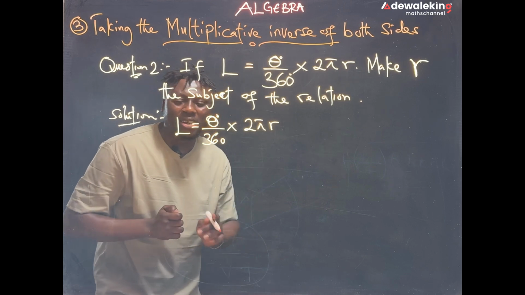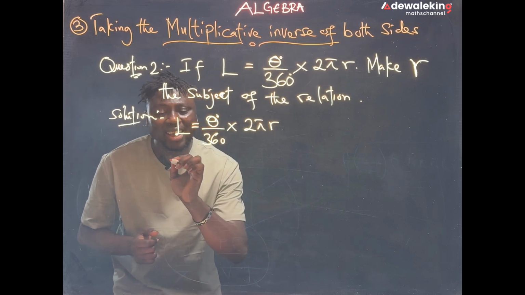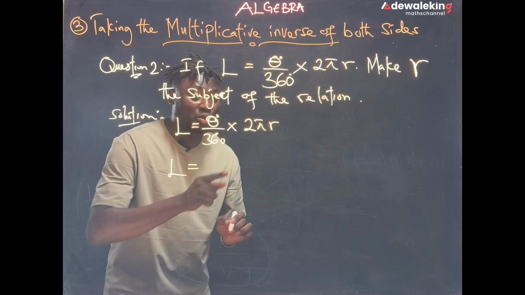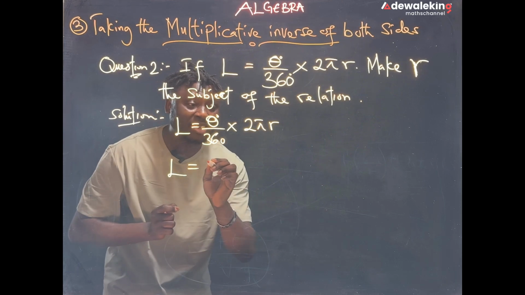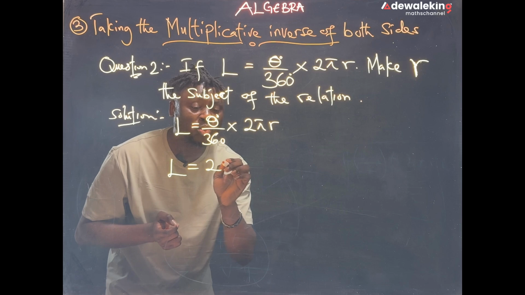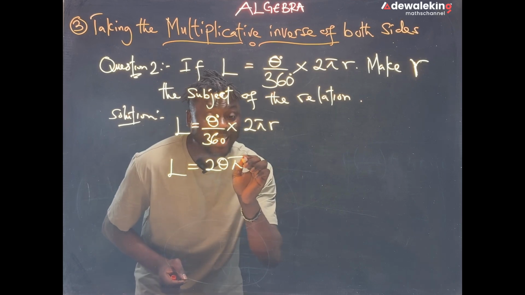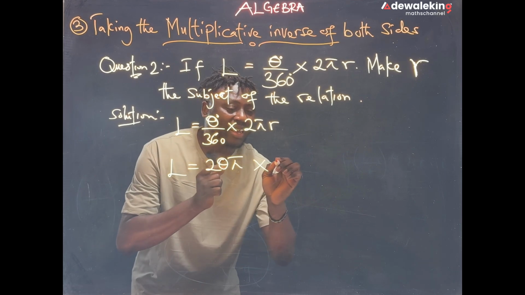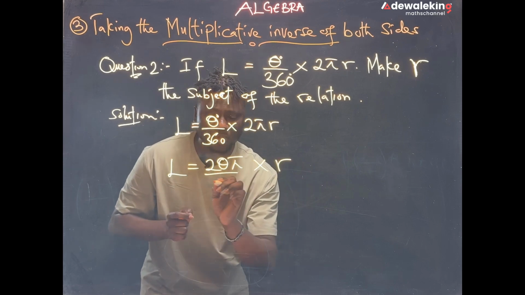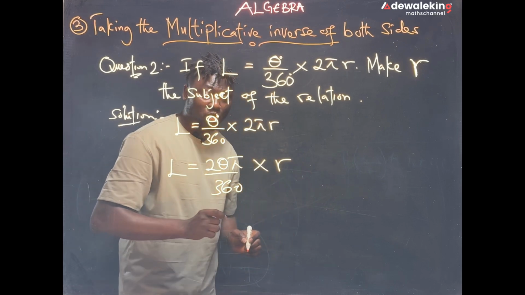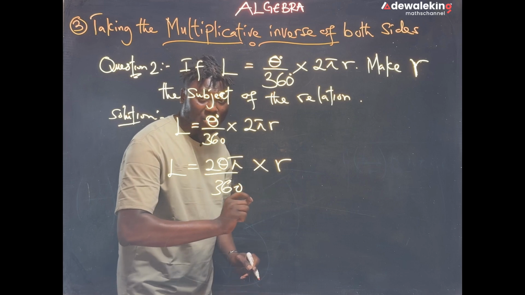This is how to go about it. So we say L is equal to, so we multiply this with this, it can be 2 theta pi times r over 360. So r is now distinguished.